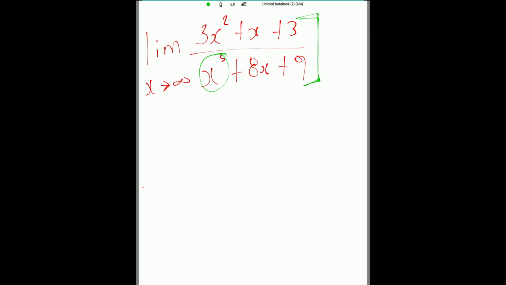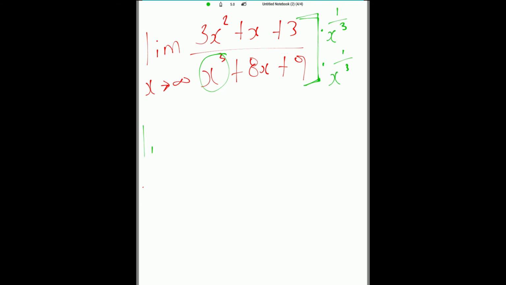In this case, it is x cubed. In other words, we're going to be multiplying the numerator by 1 over x cubed and multiplying the denominator by 1 over x cubed also. And what does that leave us with?